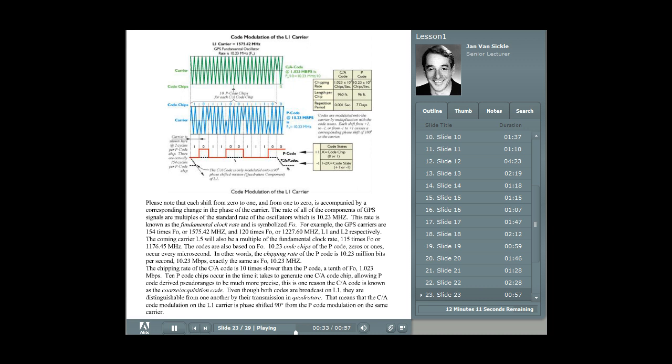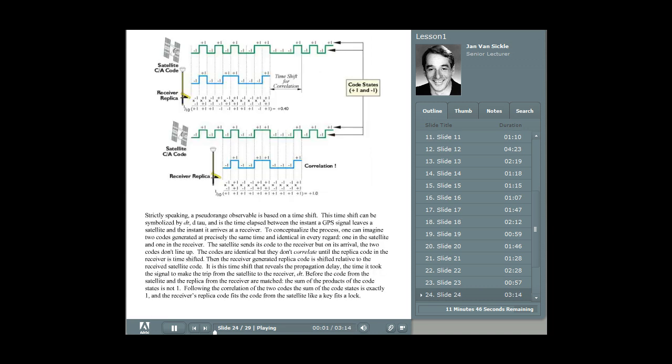These are L1 and L2. Now, again, there will be a modernized L5 that is coming, which will be 115 times the fundamental clock rate. The chipping rate of the CA code is 10 times slower than the P code. It's all known as the coarse acquisition or the civilian access code. It's in quadrature, or 90 degrees from the P code.